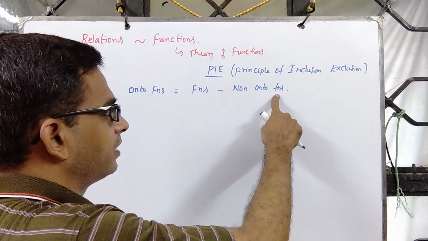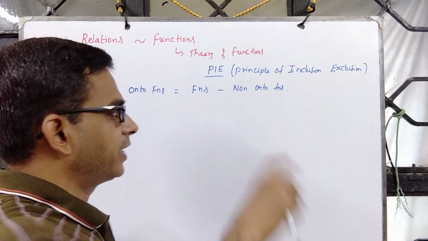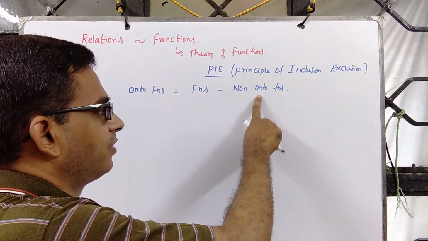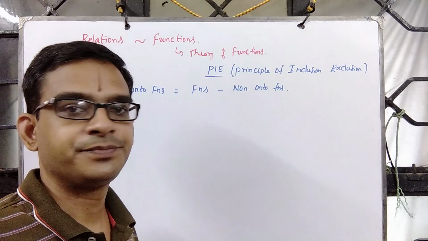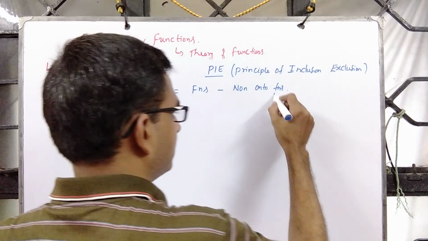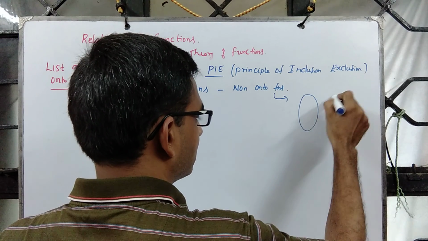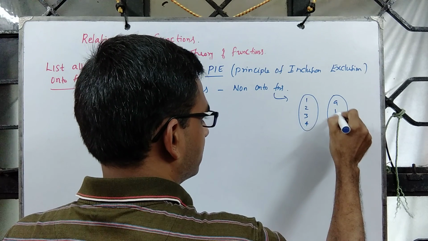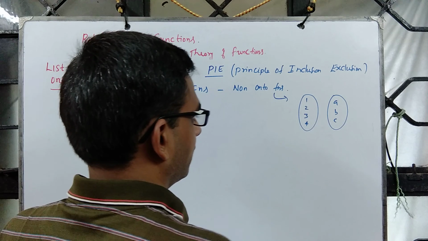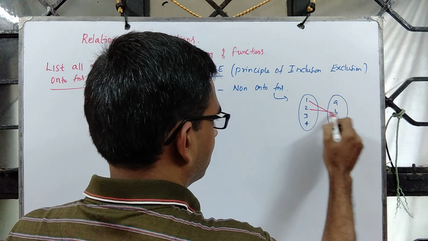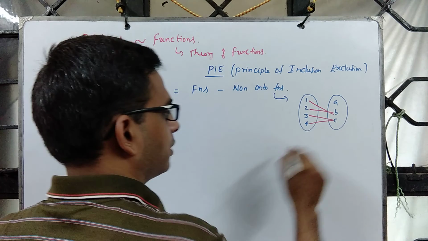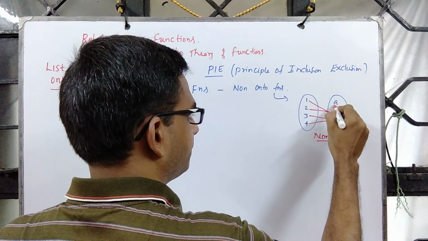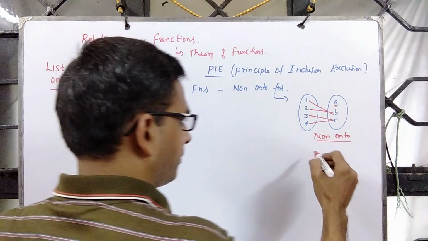It is a function in which, if you look at the mapping, you find that there exists an element in the codomain for which there is no pre-image. If you look at such functions, suppose it's like this, then this is non-onto because A has no pre-image. Then there may be other functions also.